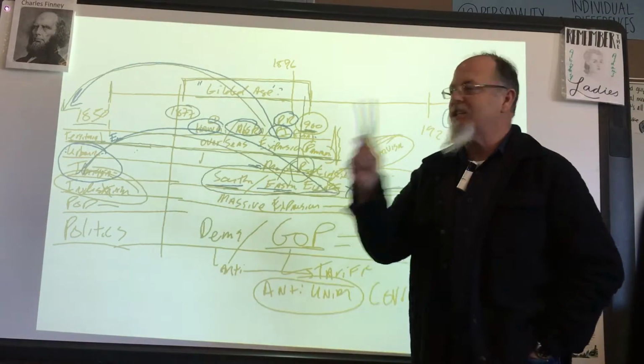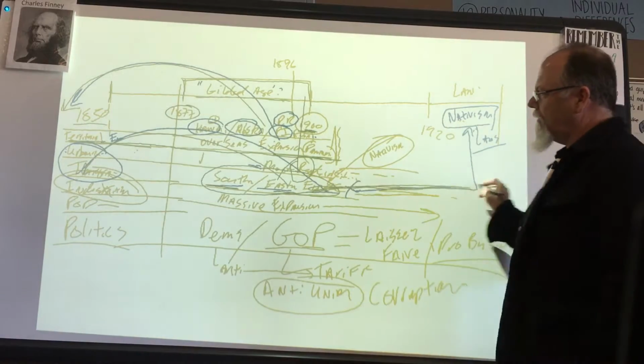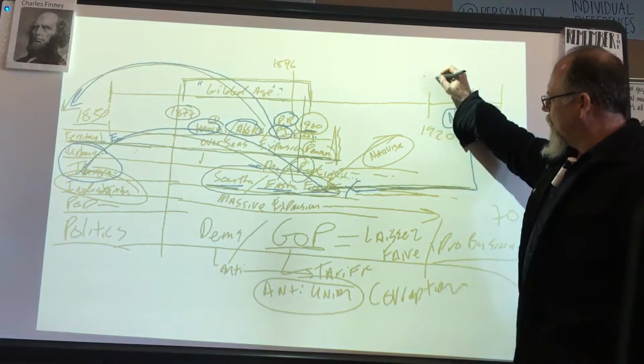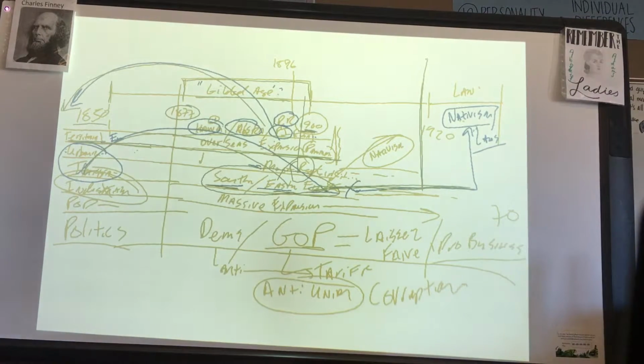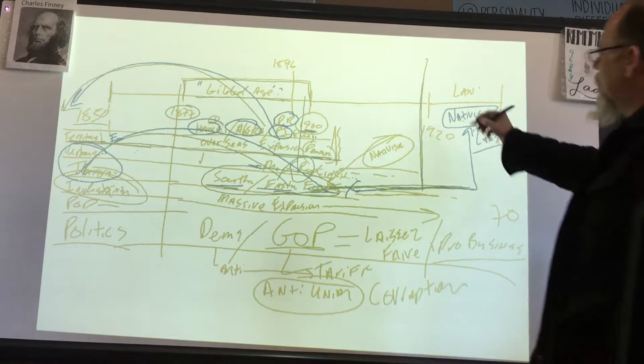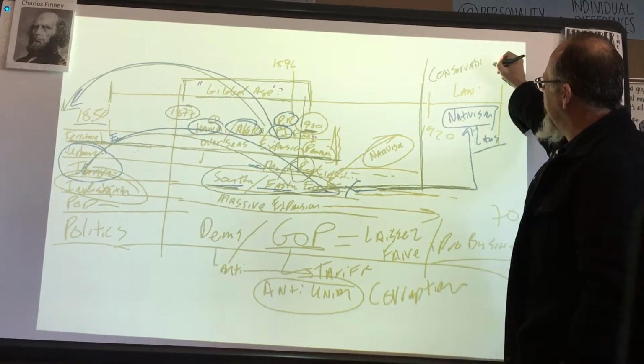And by the way, it doesn't stop at 1900. Immigration continues all up to about 1920. 1920 is a big watershed date. 1920, lots of things are changing, and they're more conservative. 1920s was very conservative. Means they didn't want any more change.